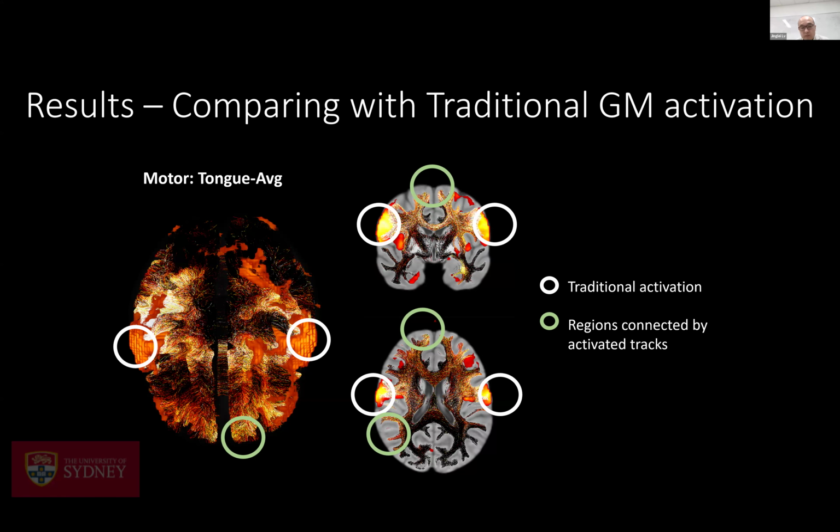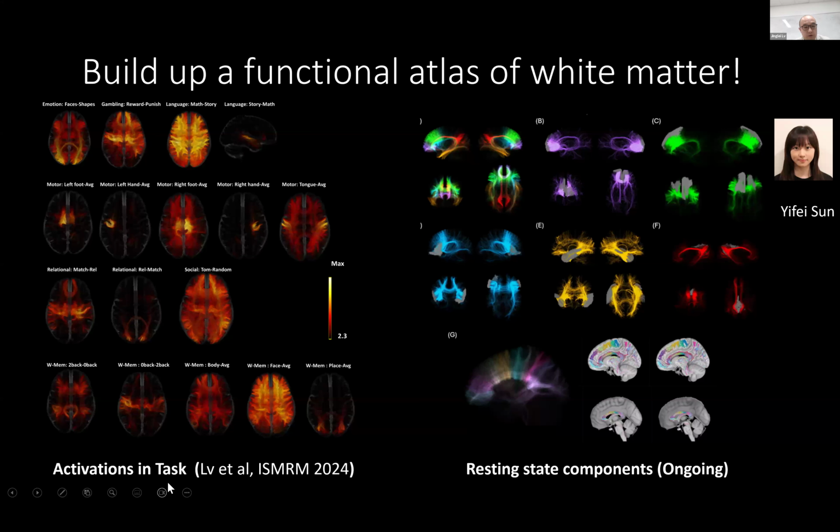In ISMRM 2024, we provided more results for different tasks, and we did see quite distinct activation patterns for different tasks. On the right, my student Yifu is working on the resting state Tract-DFC.